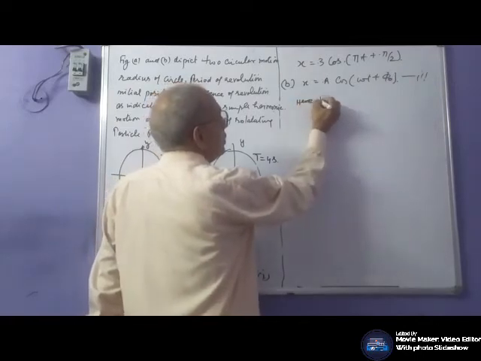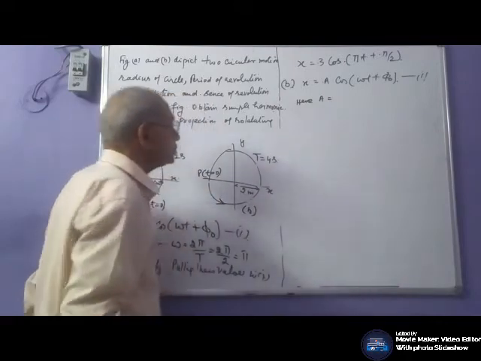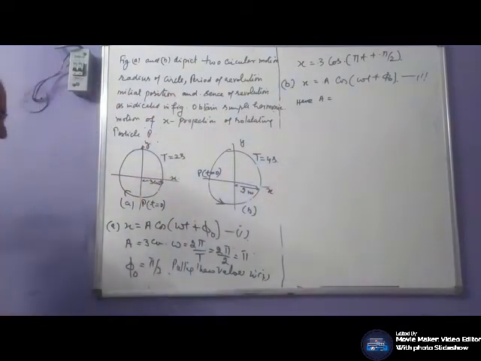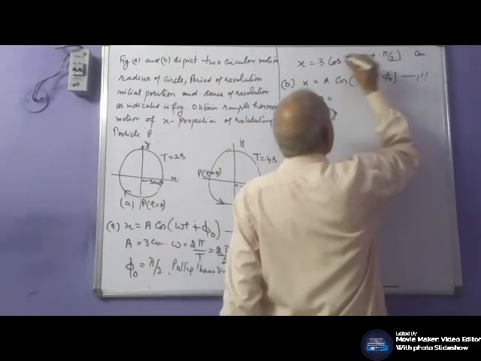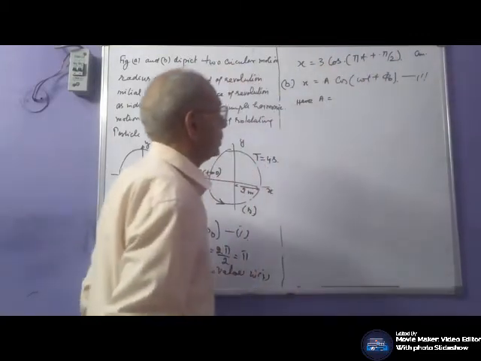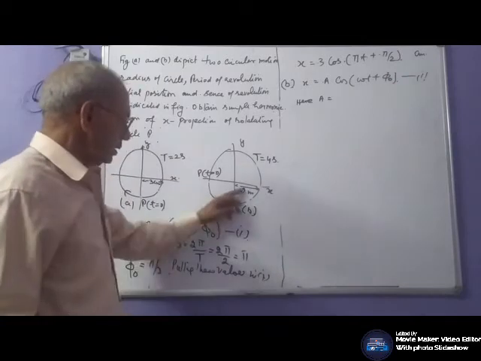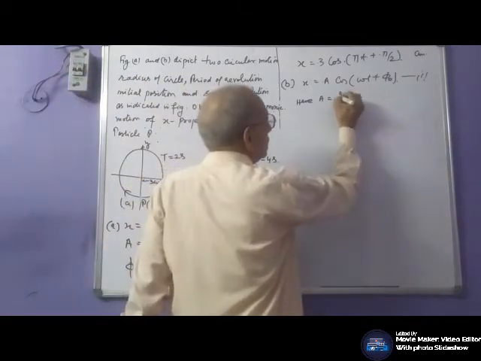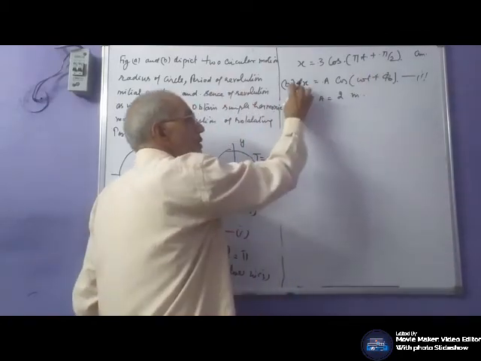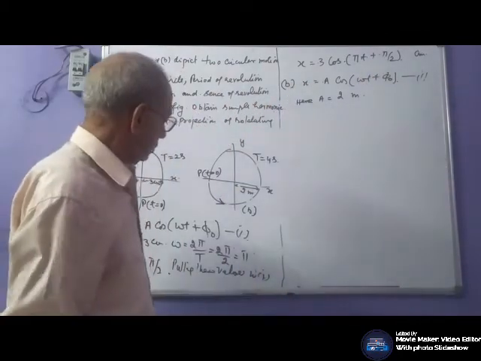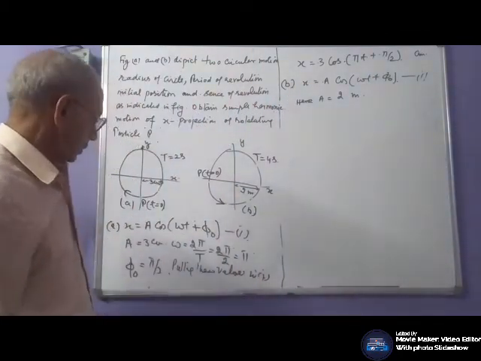Here in figure A, यहाँ ये सेंटीमीटर होगी डिस्प्लेसमेंट. Here A is 2 meter. Now the displacement here is in centimeter. Here this will be in meters because it is 2 meter.